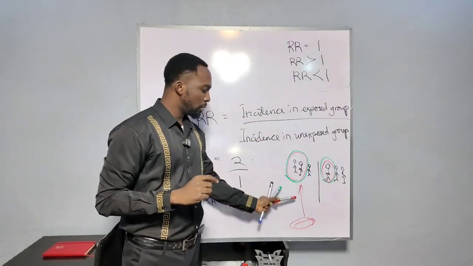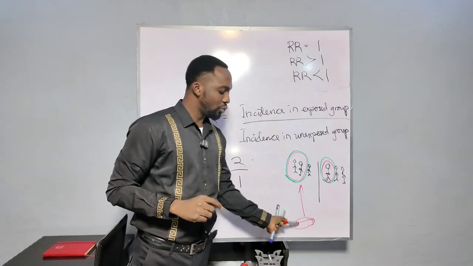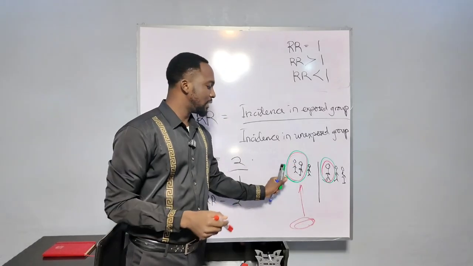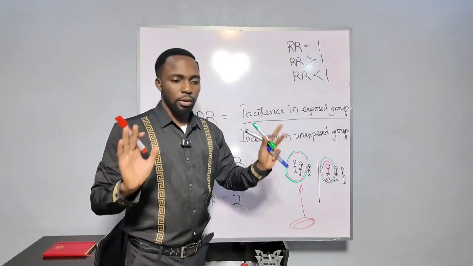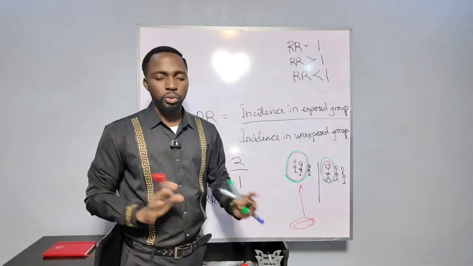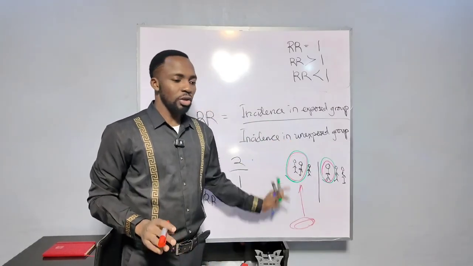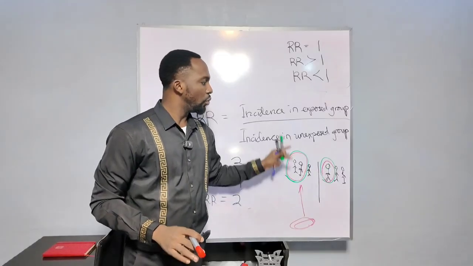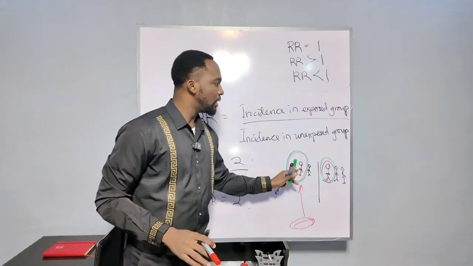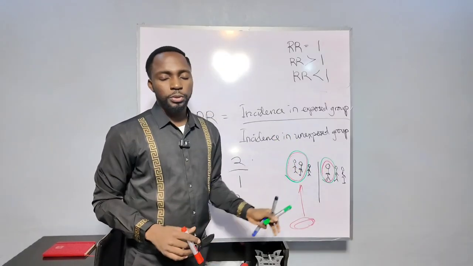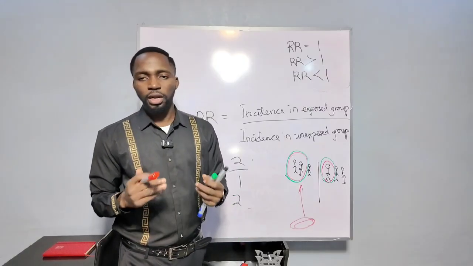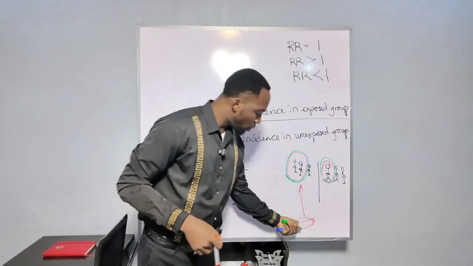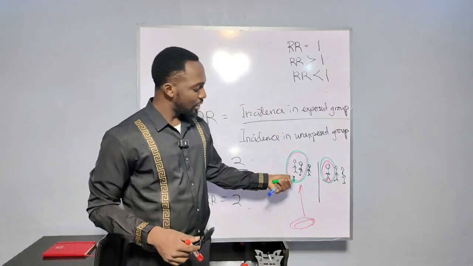So whether you expose people to the factor or not, they will get affected the same way. There's no difference. The factor does not play a role in determining who is affected or not in both groups. Then when you have the risk ratio greater than 1, it means the factor, the exposure, is a risk.